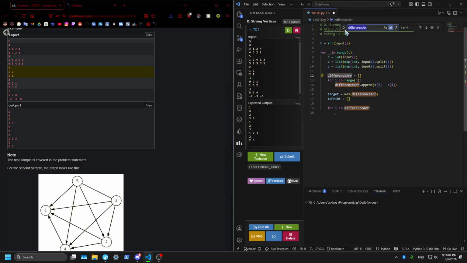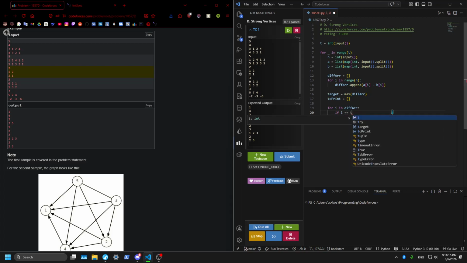Why did we call this difference array? Let's call this diff array. Shorten everything up. For i in diff array, if i is equal to target.